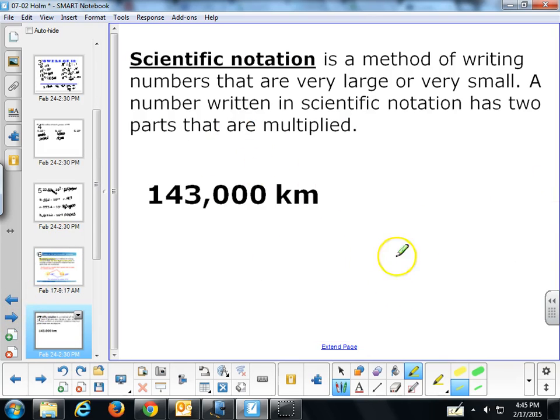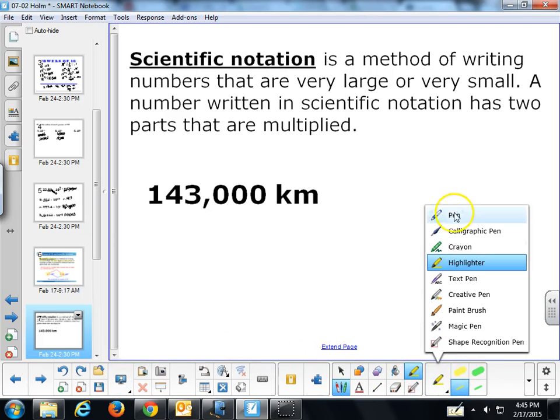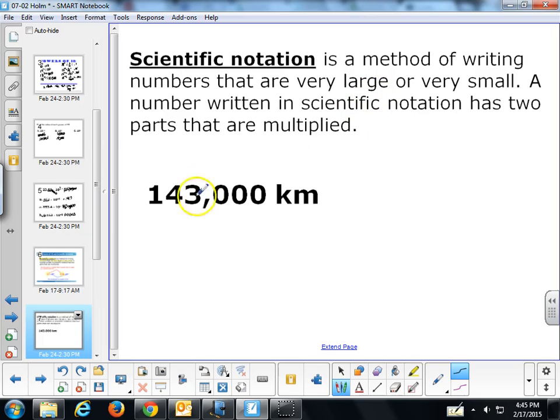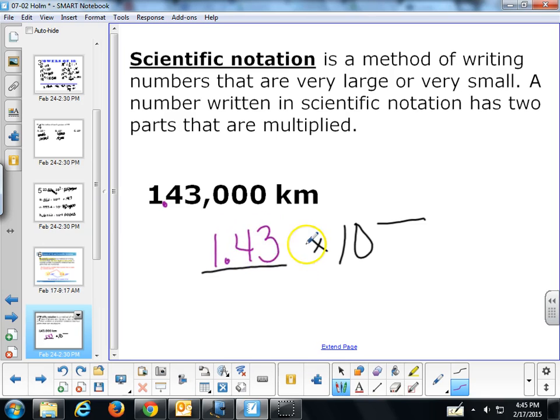So this is how we do it. You know, mathematicians, they want to try to find a shortcut for everything. So I want to change this into something times 10 to a power. First thing I do is pick this number between 1 and 10. I simply put the decimal after the first digit, and write down all the significant figures until the zeros start repeating.